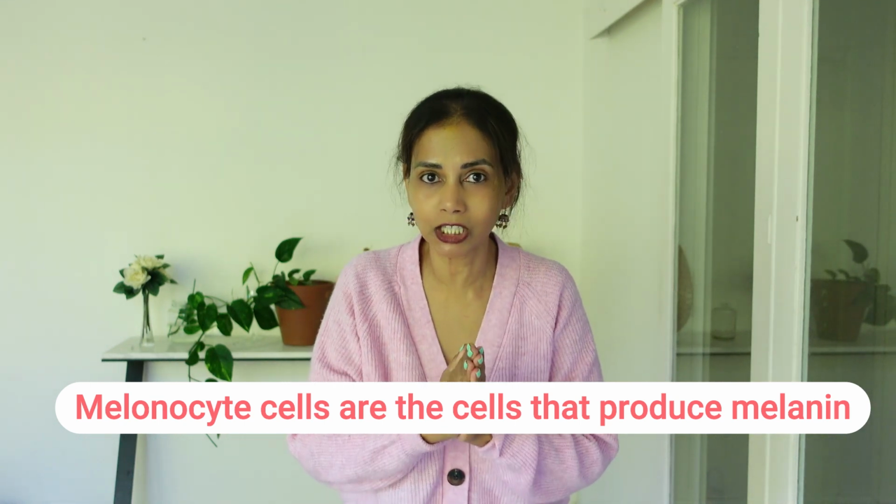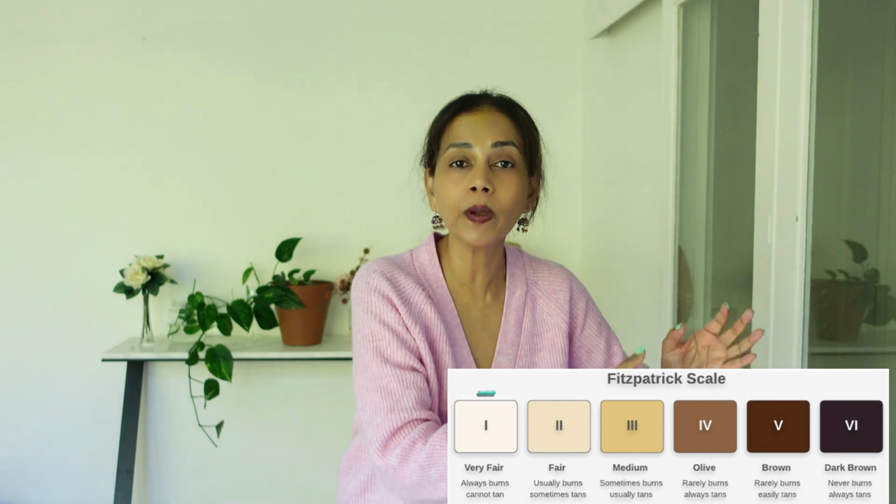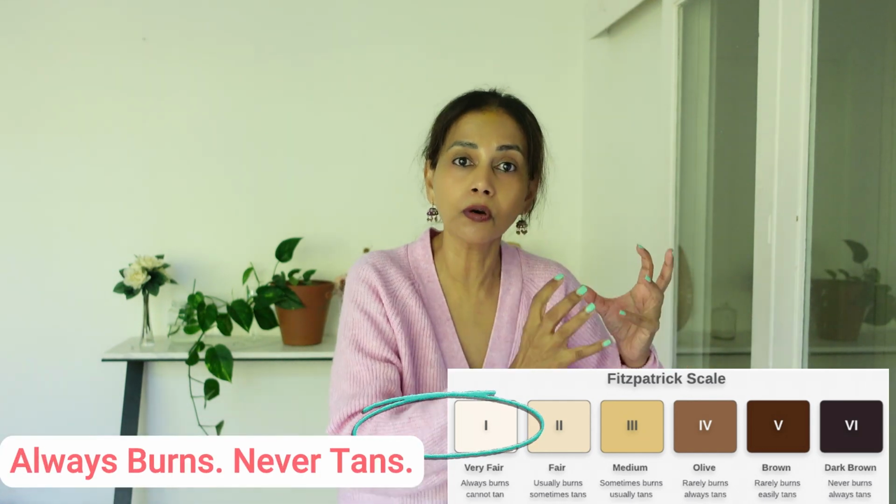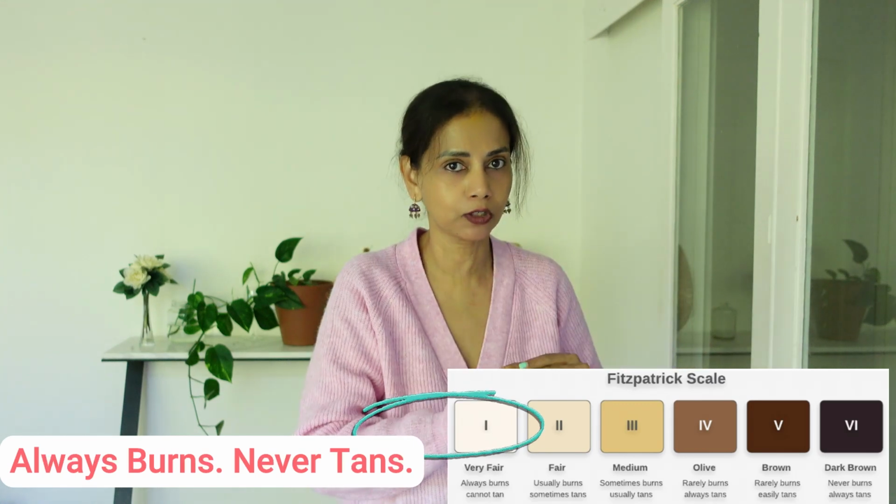But very fair skin tone people cannot produce a lot of melanin. In fact, they have very little melanin. When you don't have enough melanin, there's not enough protection, and that's why phototype 1 always burns and never tans. Tanning is when your skin produces an excess amount of melanin.